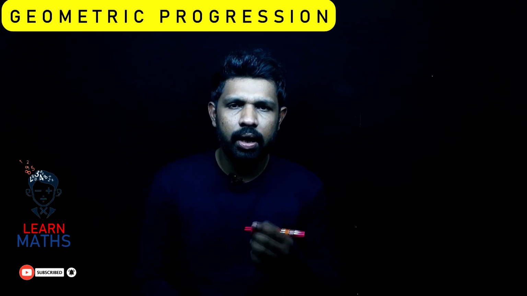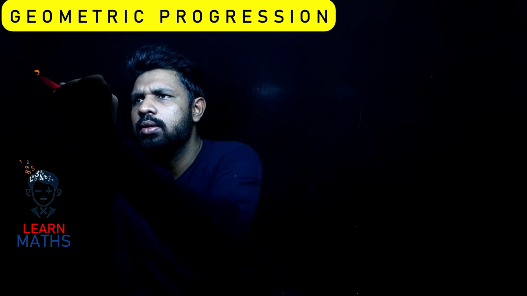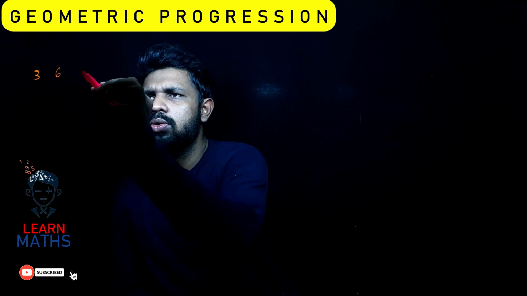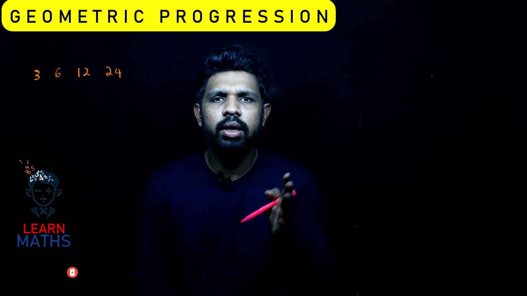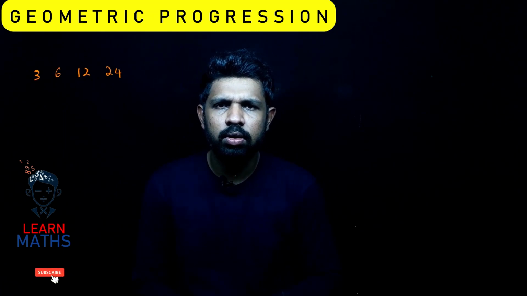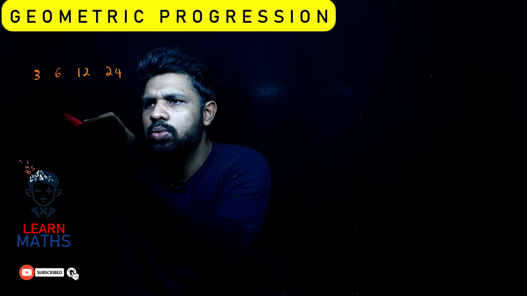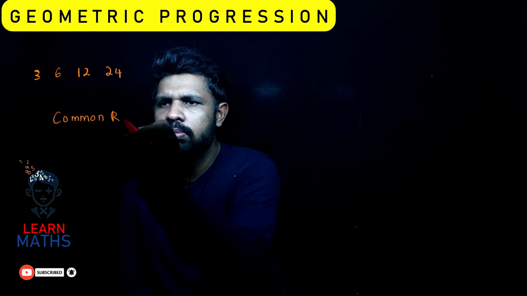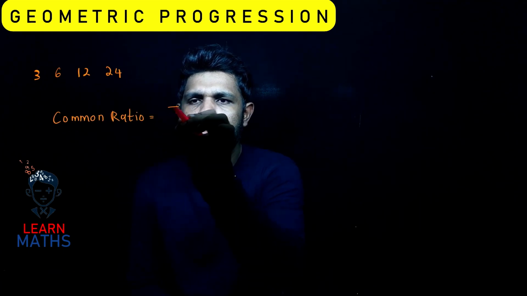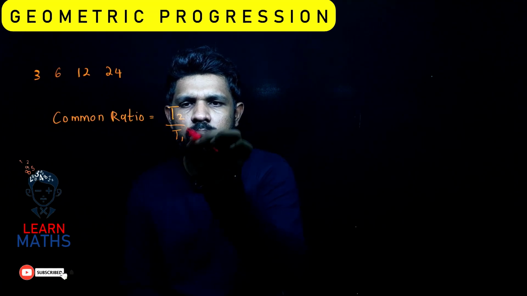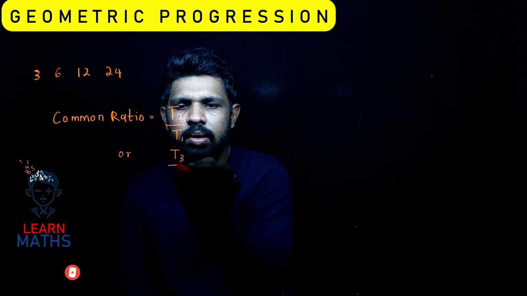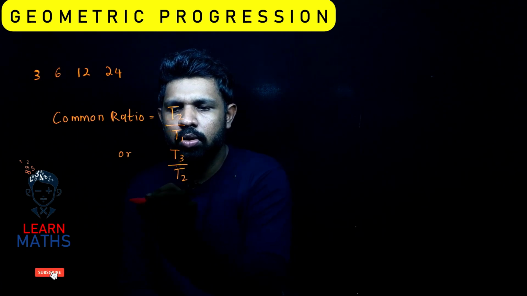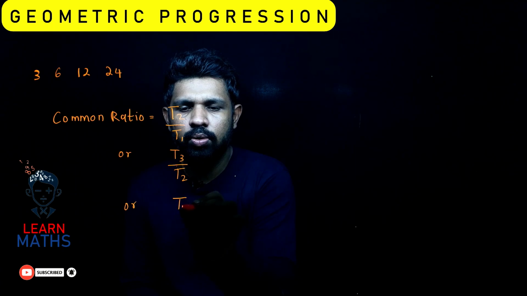As an example, I'll take 3, 6, 12 and 24. So now let's see how to identify the common ratio of this progression. The common ratio is equal to T2 divided by T1, or T3 divided by T2, or T4 divided by T3.